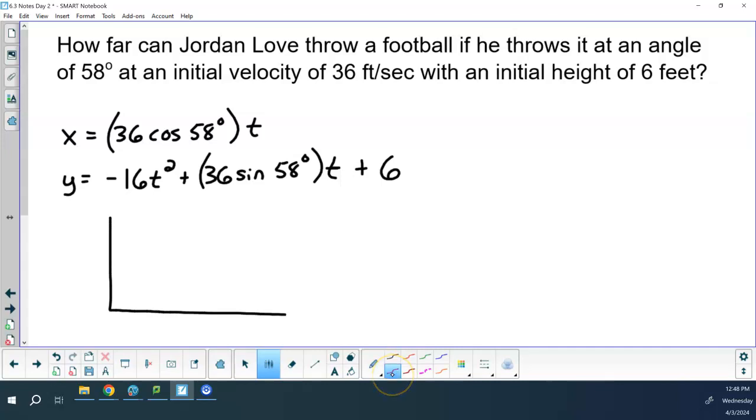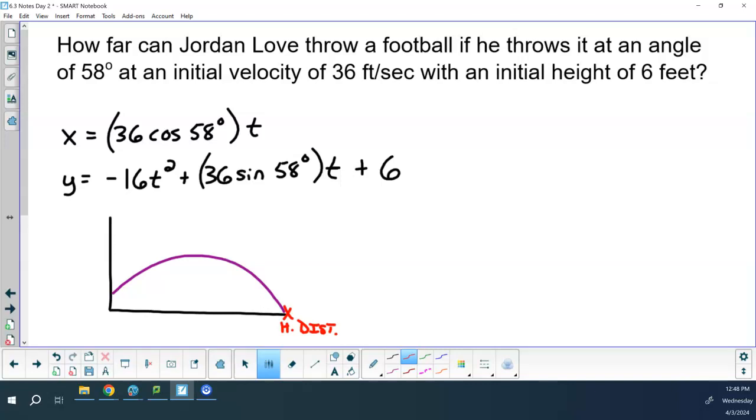Now, if we were to parametrically graph that, it's going to look like that, right? The question is asking how far. So I need this horizontal distance out there.